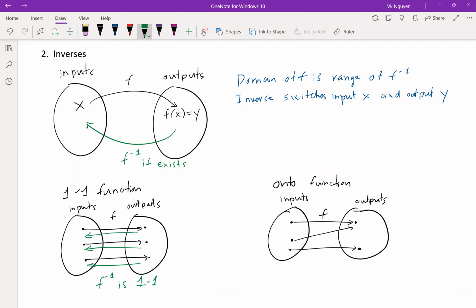However, when we look at F inverse, this goes here and it goes here, and this goes here. Notice that F inverse is not a function. There is no F inverse, because one input cannot have two distinct outputs.